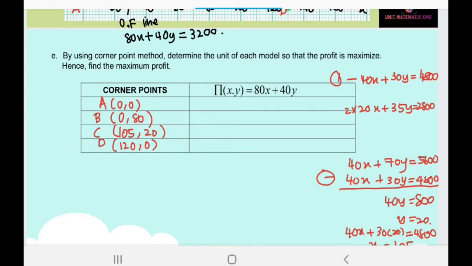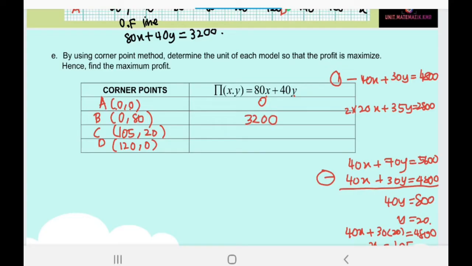Okay, so after we got all the corner points, we have to substitute each point into the objective function. Here x and y, just substitute the points. So for A, the first point, you got 0. For the second point, substitute 80 into y, so you will get 3200.